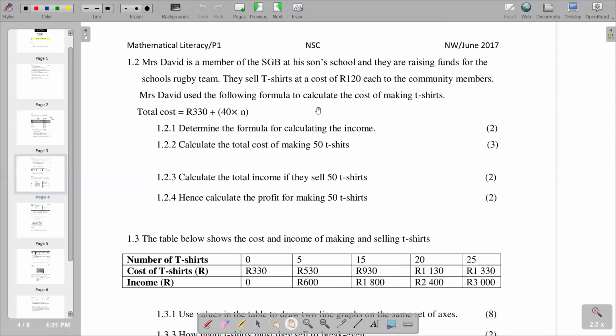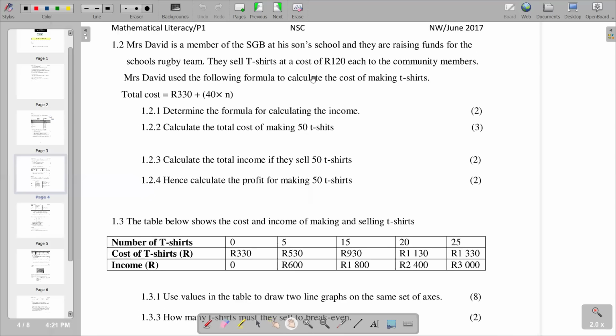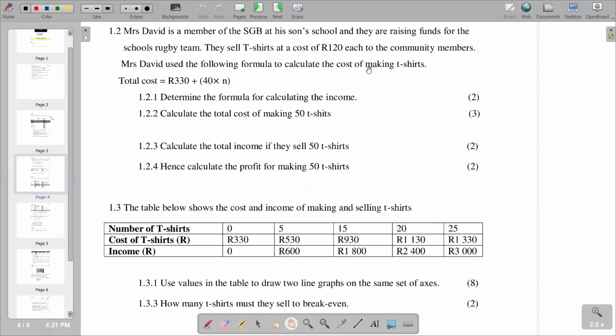So income is from the selling, whereby we are having 120 rands each. So the income that we get depends on the number of t-shirts that are going to be sold. So number of t-shirts times 120 rands, of which the number of t-shirts we can represent as N.